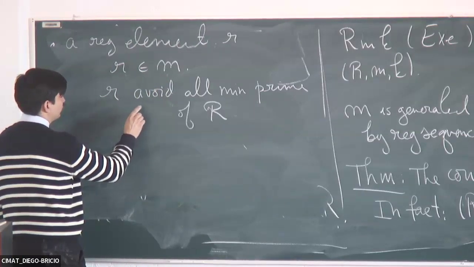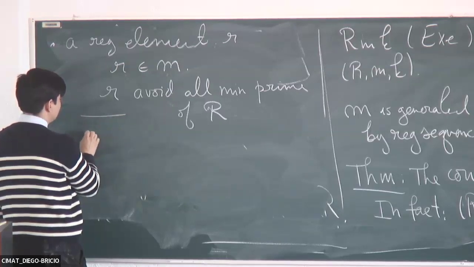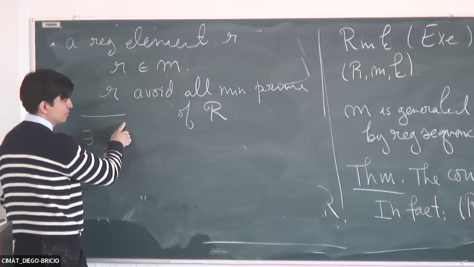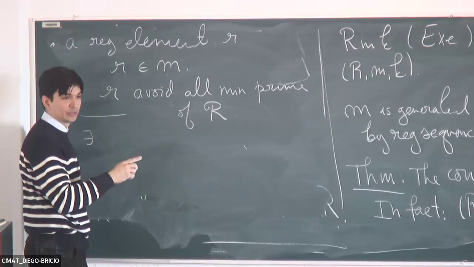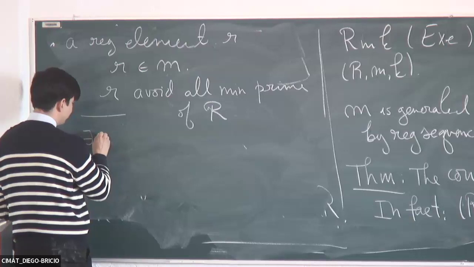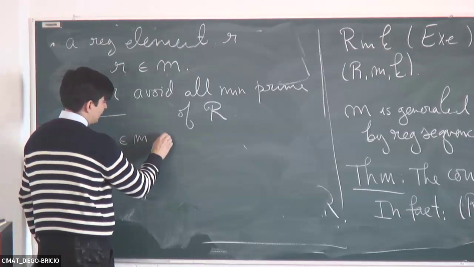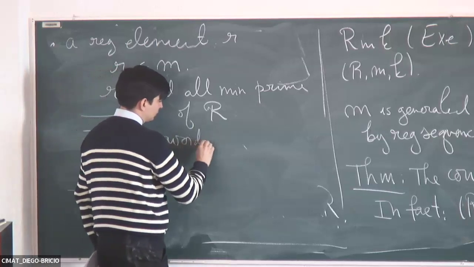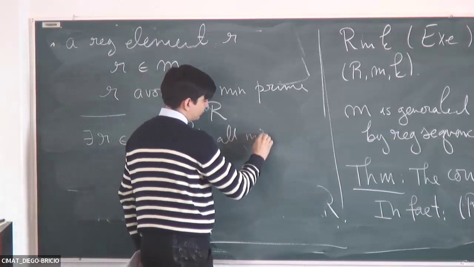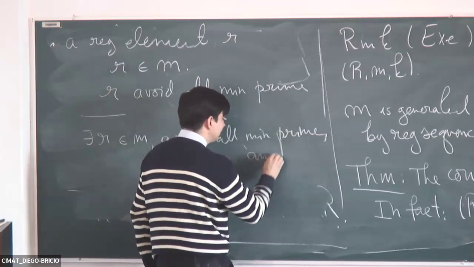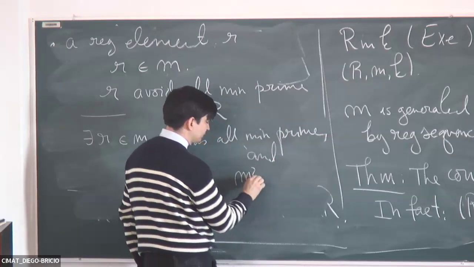So the claim actually we're making is that there exists r with these two properties, but it also avoids M squared. So the claim is that there exists r in M that avoids all minimal primes and it avoids M squared.